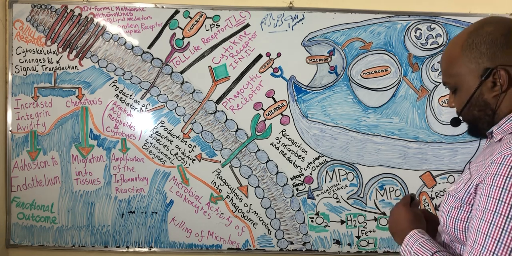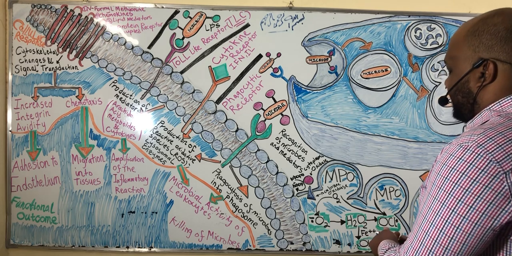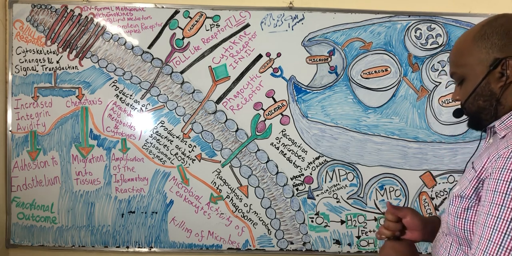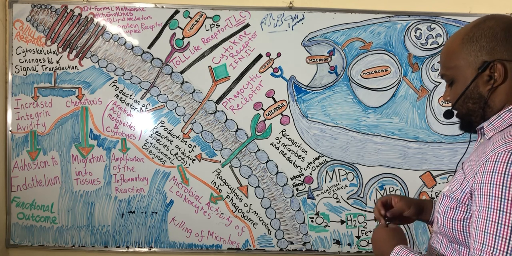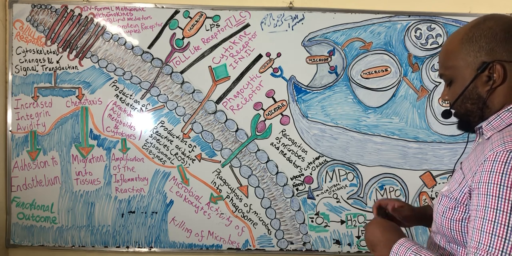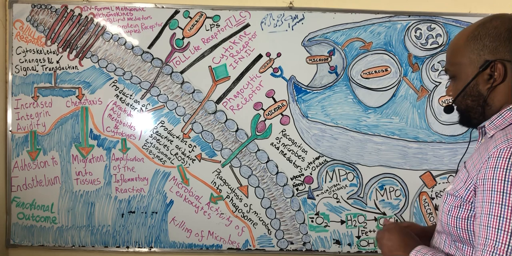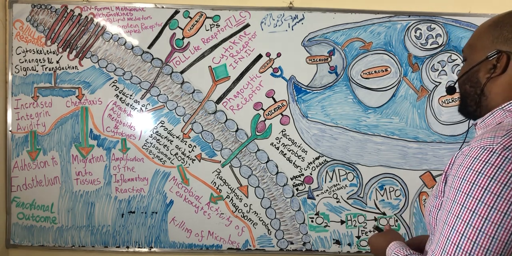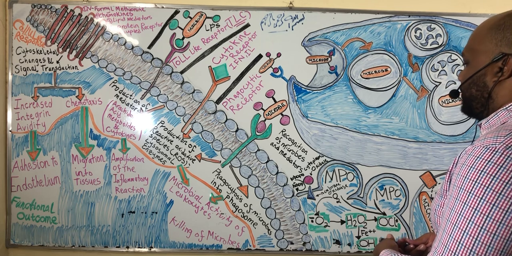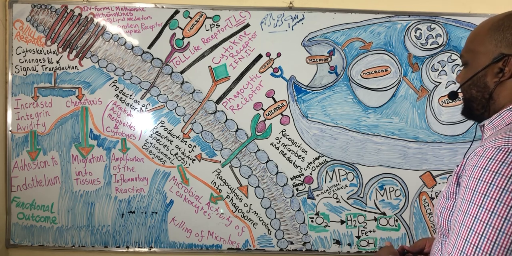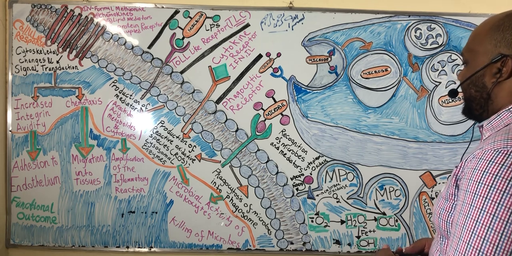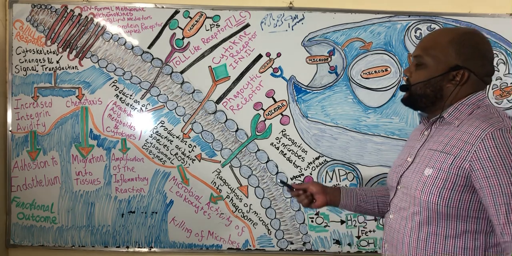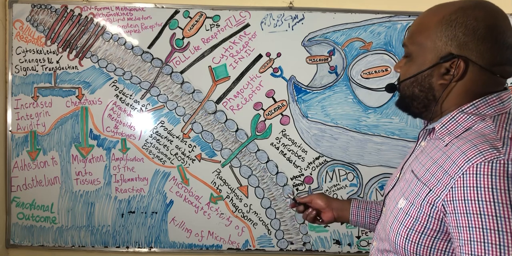This intracellular response causes phagocytosis of microbes into the phagosome that culminates in the microbicidal activity of leukocytes and killing the microbes. This is a very important diagram, and as you see, I have divided it into three stages.